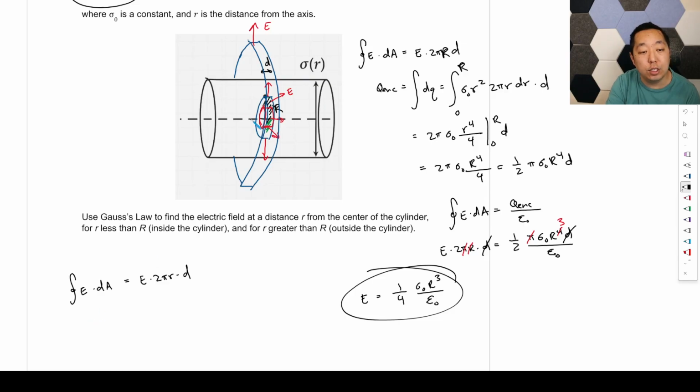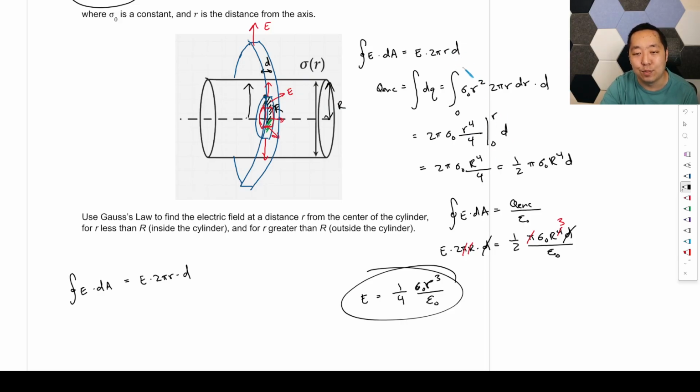However, the enclosed charge doesn't extend all the way out to here. It extends only to the maximum R here. Oh, sorry, I got it messed up here. This is big R, I'm reusing my letters. So this should be little r. I'll just change this back.